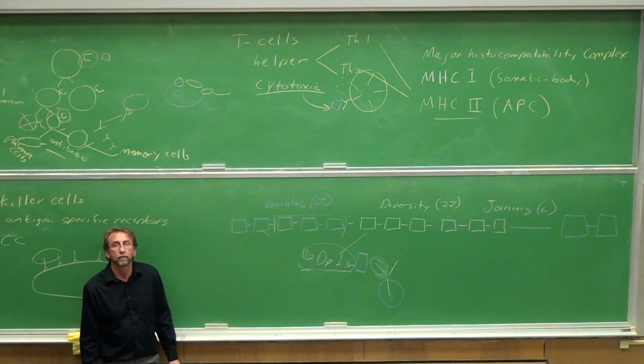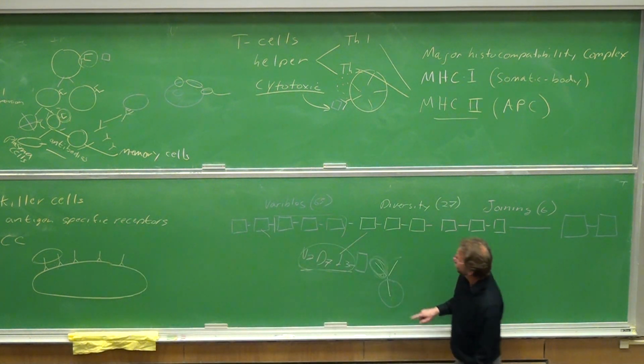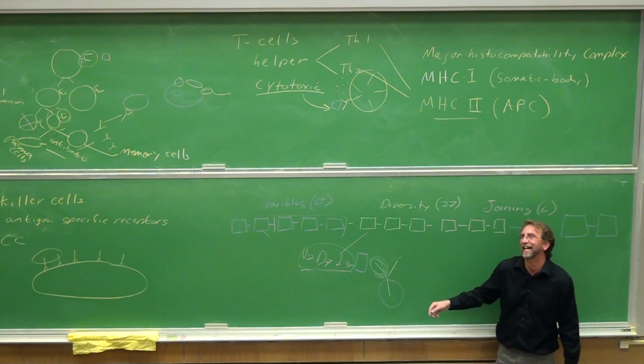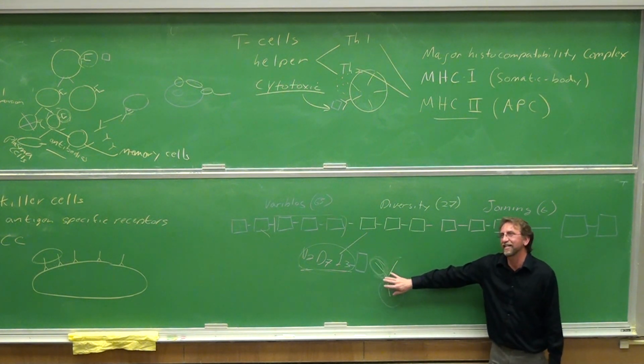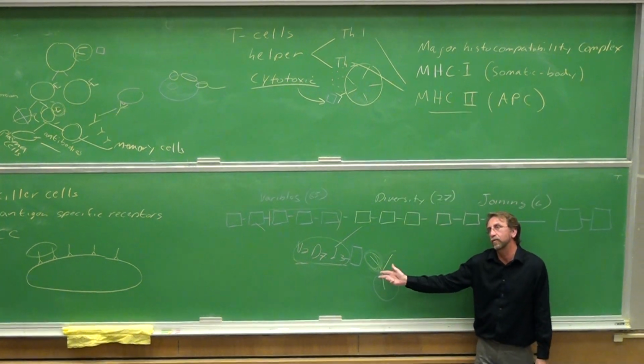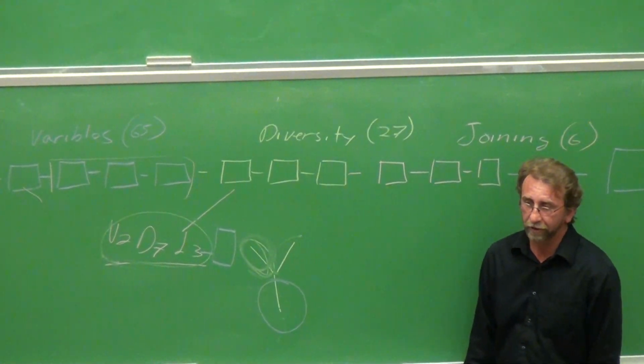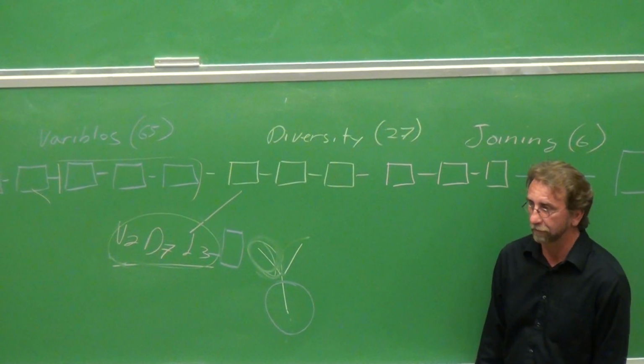You have this happening on both sides, and how they get joined can vary as well. So that can add some additional variability to our antibodies.